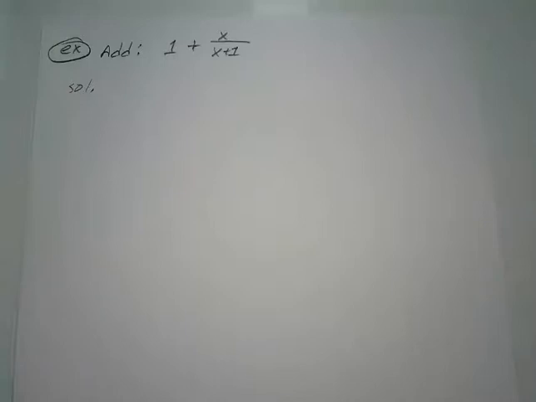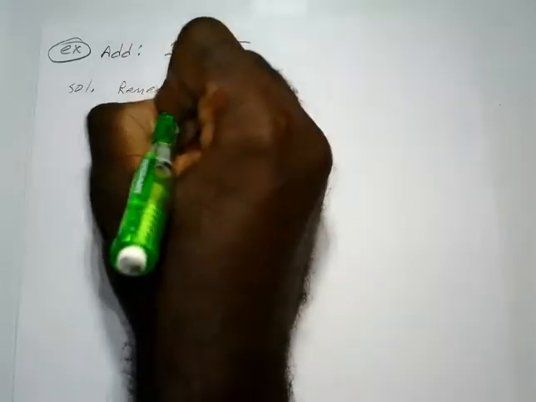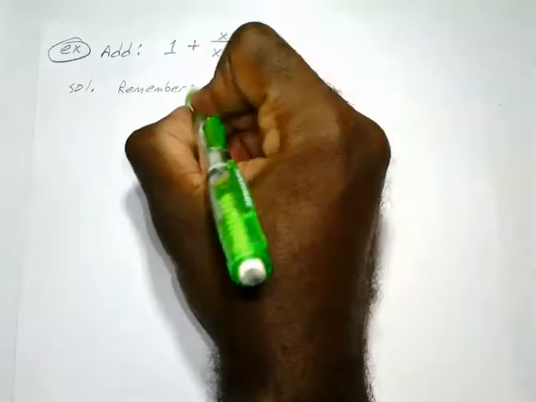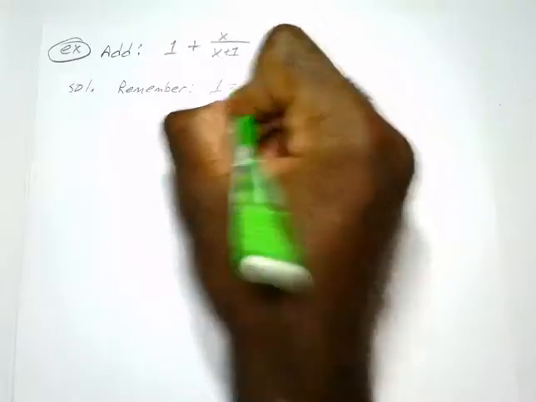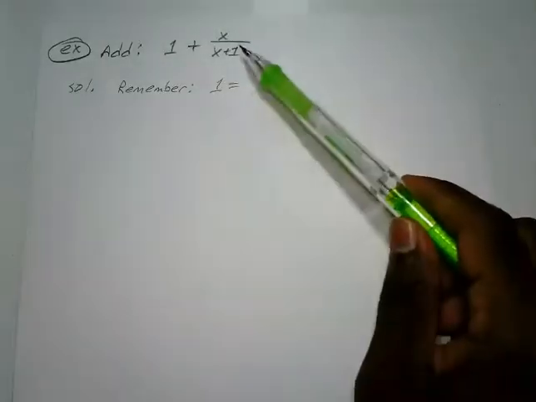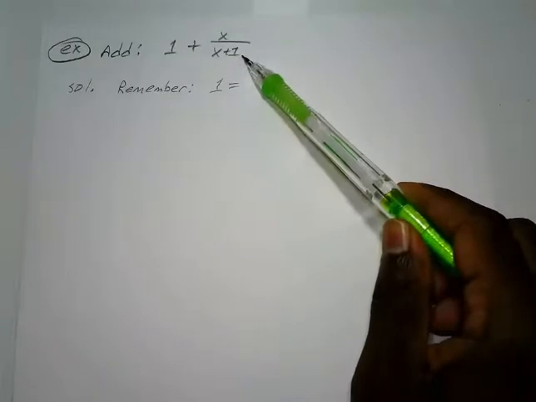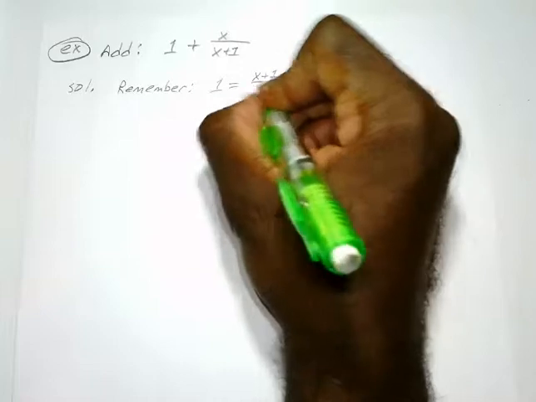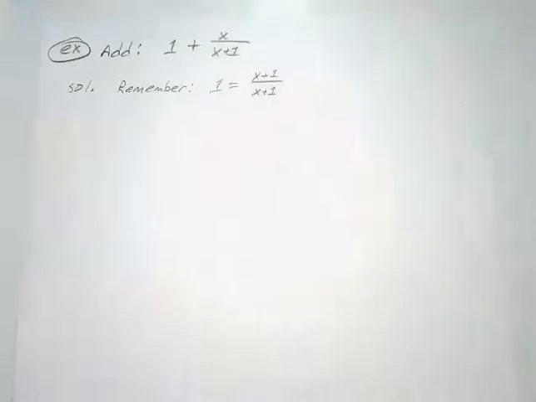Okay, the reason is you want to remember that any number divided by itself is equal to 1. So 1, you can make that equal anything you want. And since the goal is to get common denominators, you can make 1 equal x plus 1 over x plus 1.